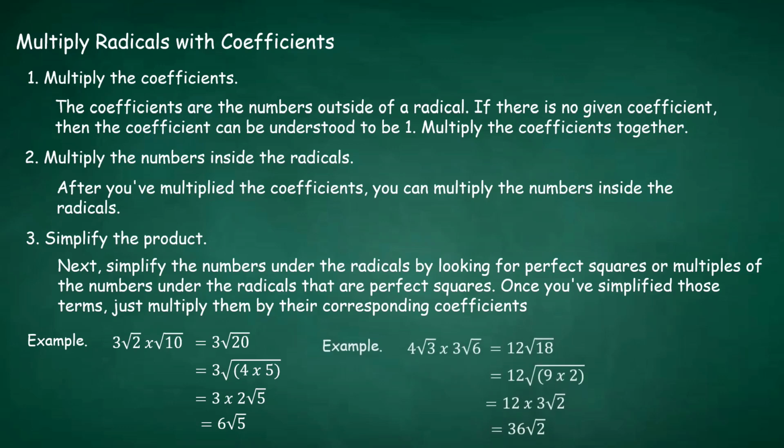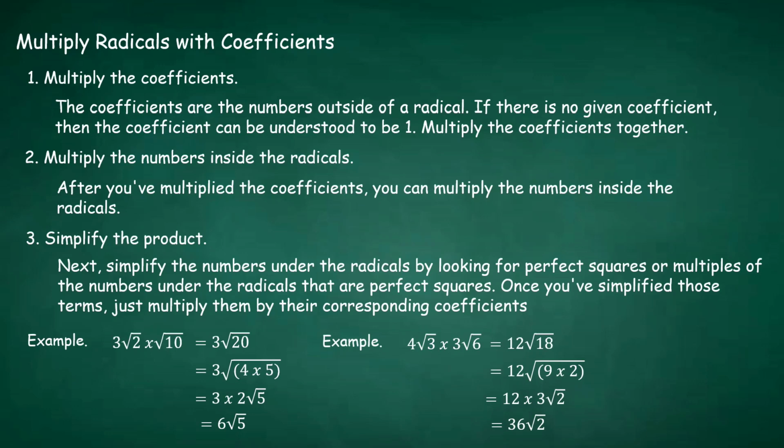Example. 4 square root of 3 times 3 square root of 6. Multiply the coefficients. The coefficient of square root of 3 is 4, and of square root of 6 is 3. So 4 times 3 is equal to 12, and then multiply the numbers inside the radical. 3 times 6 is equal to 18, so the expression becomes 12 square root of 18.